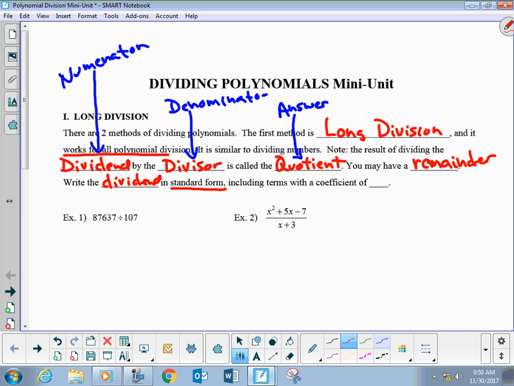So if I give you a bunch of them and they're all mixed up, you find the biggest one, by the power, and it's first. The highest power is first. So maybe it's x to the 5, then x to the 4, x to the 3, x to the 2, x to the 1. And if I am missing any of those, let's say I don't have an x to the 4 in the sequence, I need to fill in a coefficient of 0 in that particular term. That's going to be a key, and you're going to see me hit that pretty heavy in one of the examples over here.